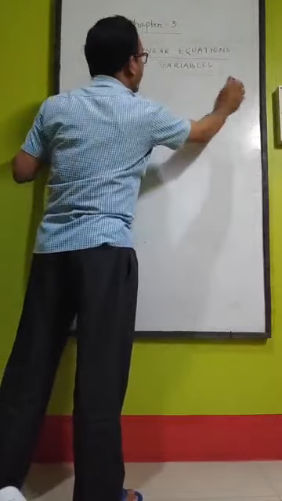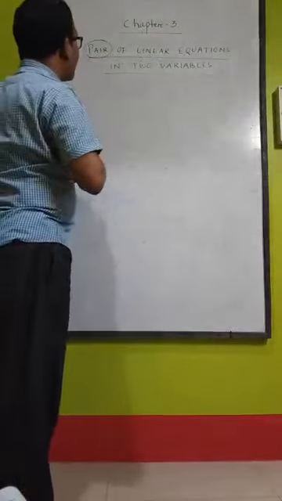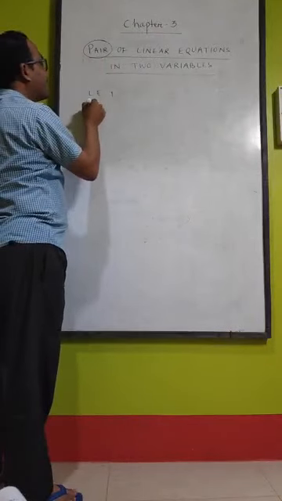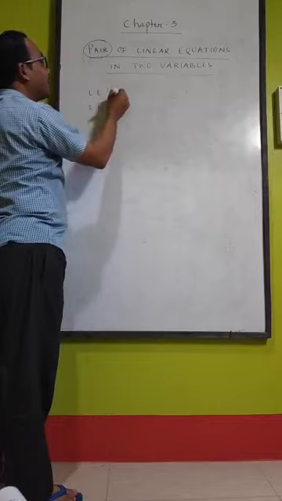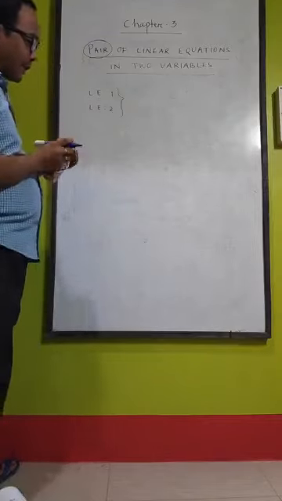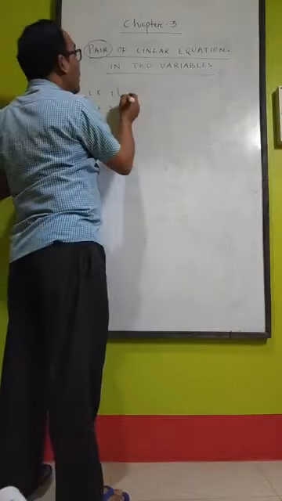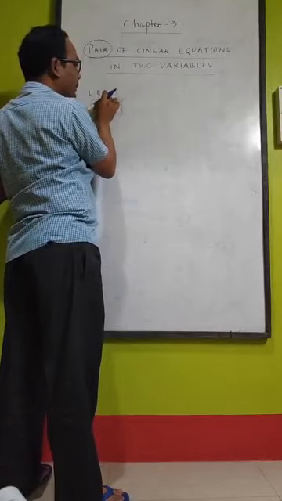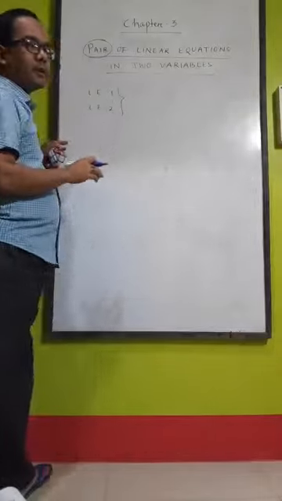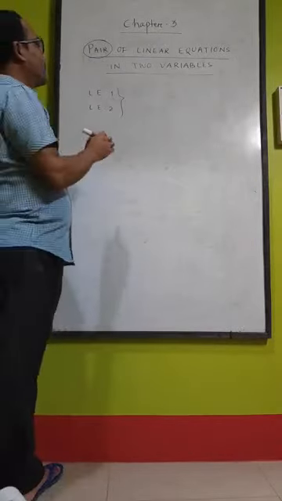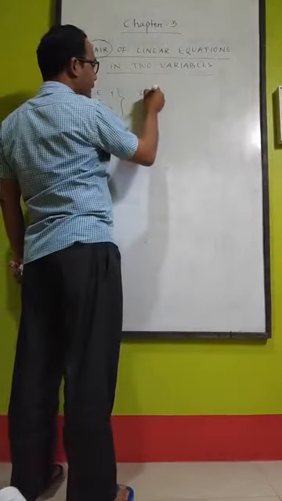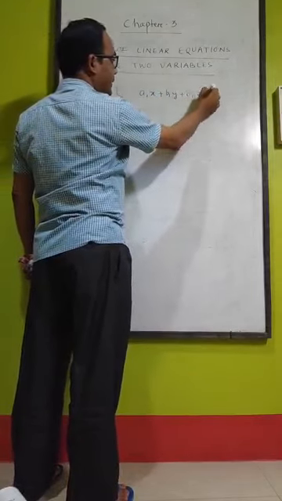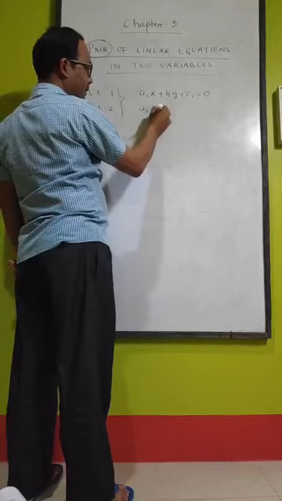Instead of taking only one line, we take linear equation number 1 and linear equation number 2. Now think about what the probable graphs of these two linear equations in two variables will be. The general form is like this. This is the first and this is the second.